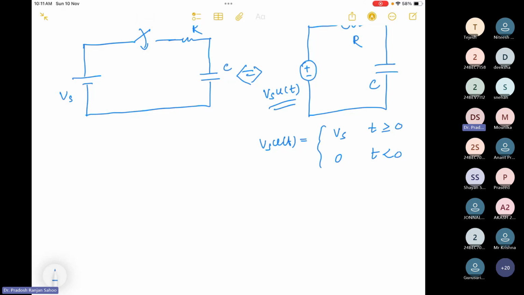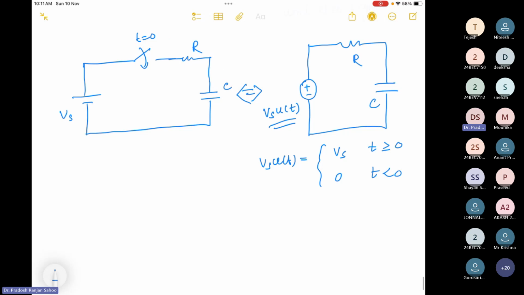I already told you the response is called output and the input is called excitation. So the output due to the step signal is called the step response. Now, if in a circuit question you see Vs u(t) written, then you think that this is a switch which is going to be closed at t equal to 0.